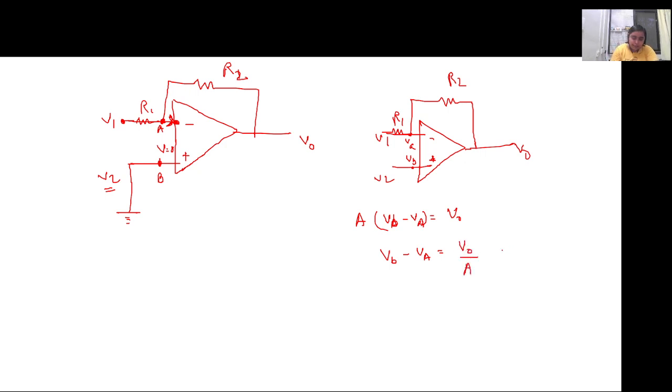Now, suppose for example we consider that this gain value is very high, then this particular value will again be a very small value, which will almost tend to 0, if you just assume this.